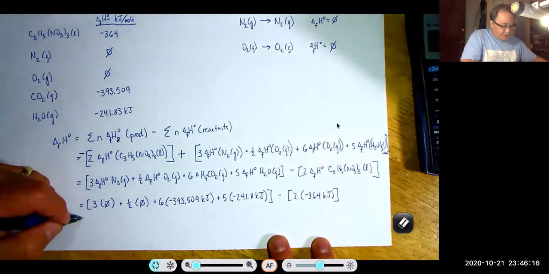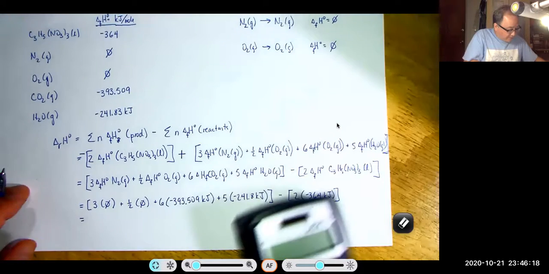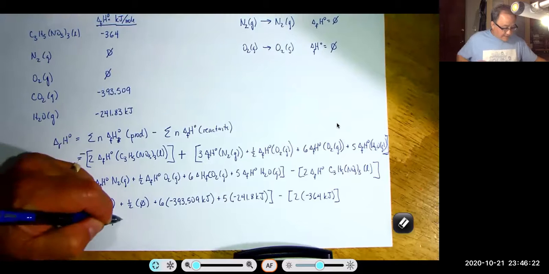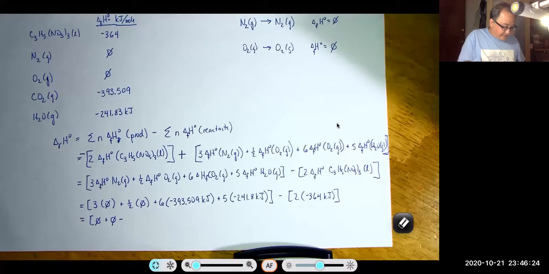So just to show all the work, I'm going to put 0 plus 0 minus, so 6 times 400 should be 2400, or negative 2400, close to that, right?